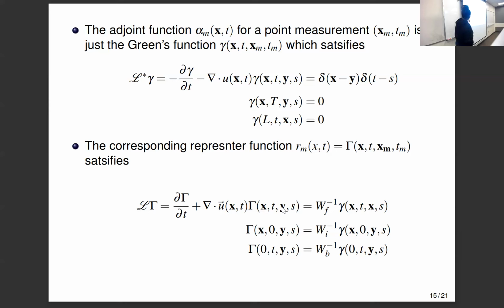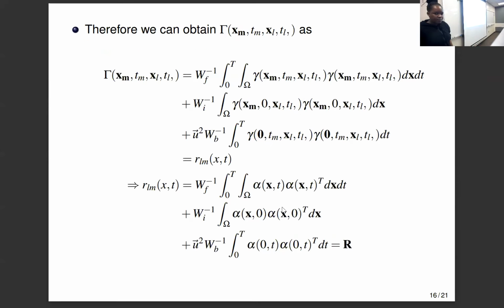Therefore, we can express this big gamma in terms of the Green's functions. We can see that this big gamma is equal to this expression in terms of the representer function of the base functions, which is equal to the representer functions at points Lm as functions of x and t.